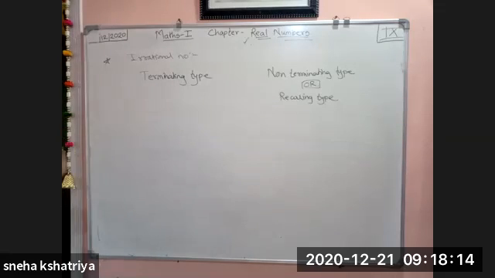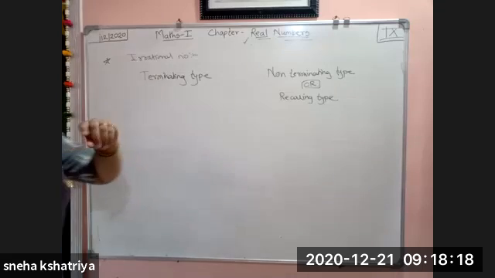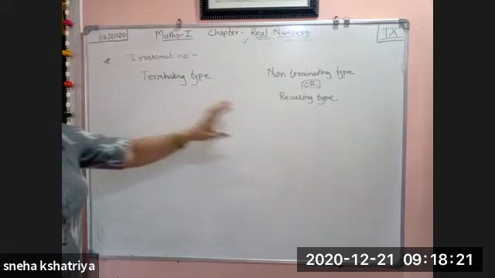What are the rational numbers? Either they are of terminating type or non-terminating type. Okay, so what is terminating type and non-terminating type?